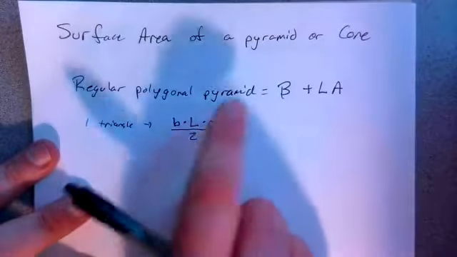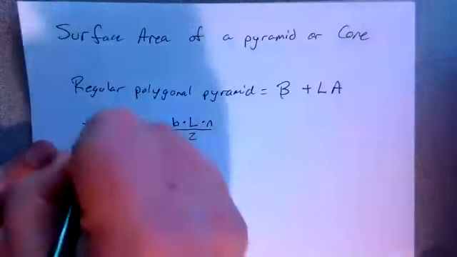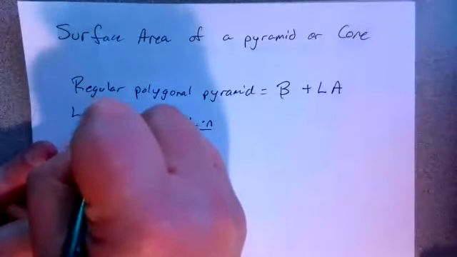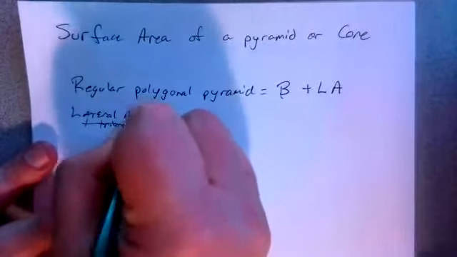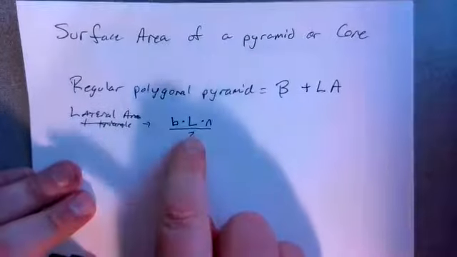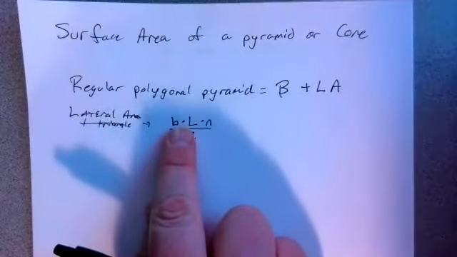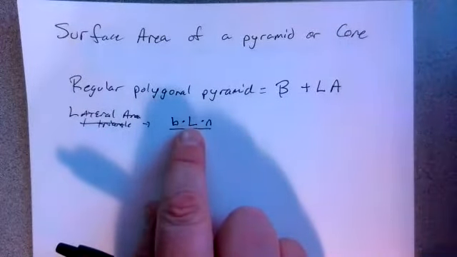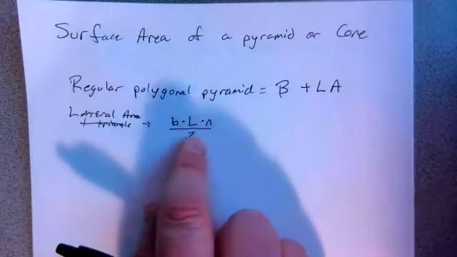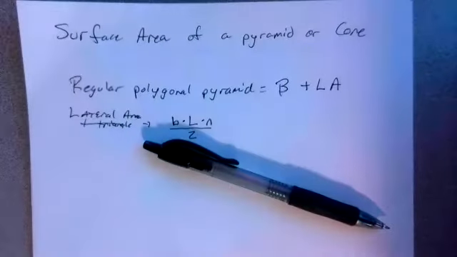This is for, oh, this is not for one triangle. This is the total lateral area. Sorry about that. I got ahead of myself. So the base length times the slant length times the number of sides, all divided by 2.